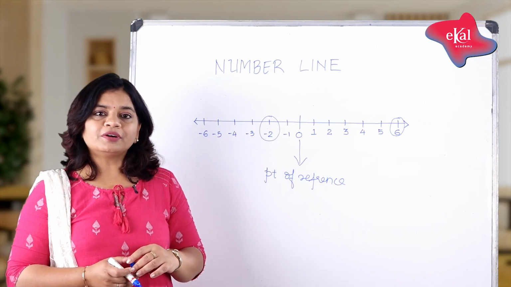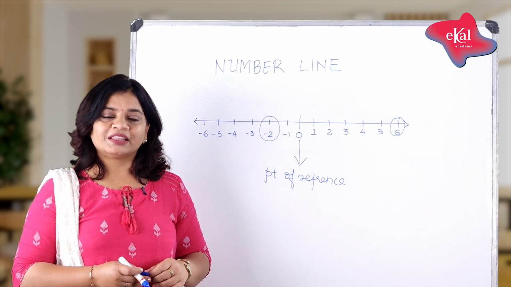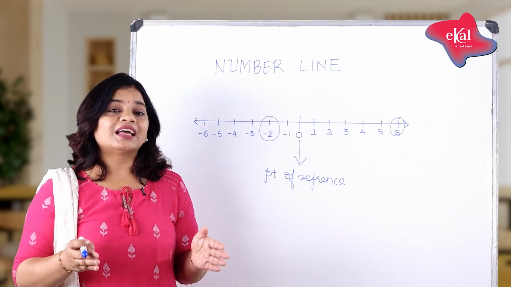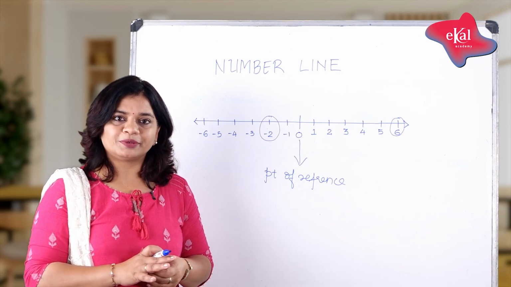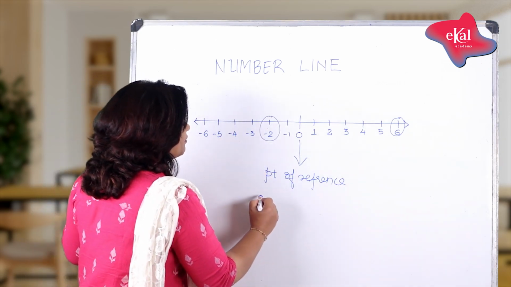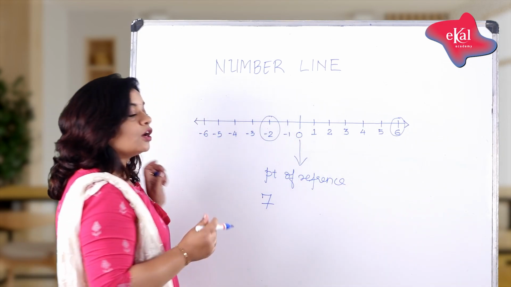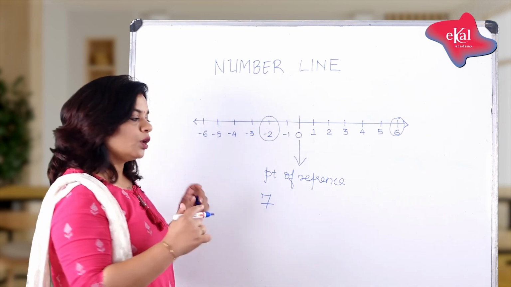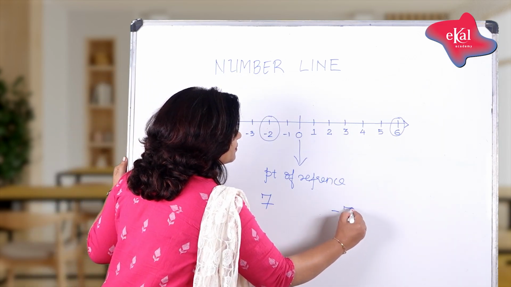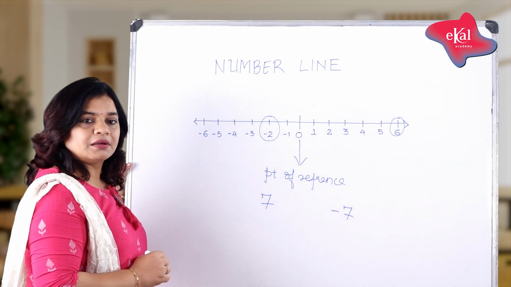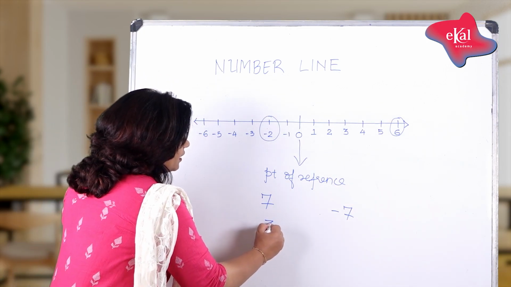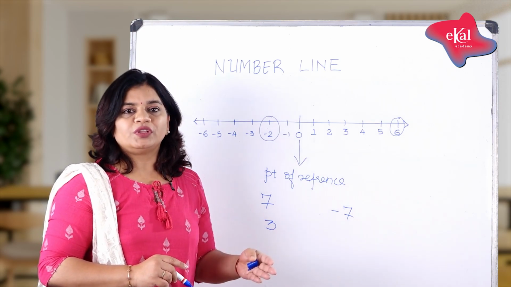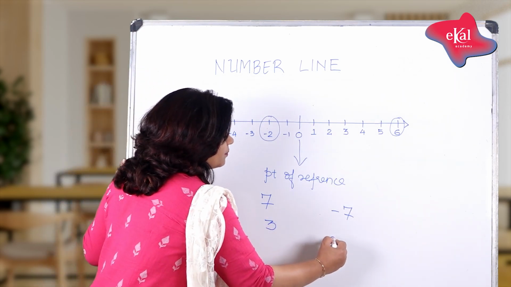The opposite of a number, as I have already explained, is at an equidistance from the point of reference, that is 0. For example, if I take a number 7, then the opposite of 7 or the additive inverse of 7 will be minus 7. If I take a number 3, then the additive inverse of 3 or the opposite of 3 will be minus 3.